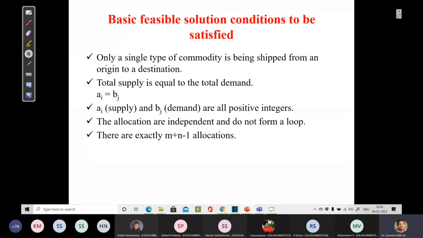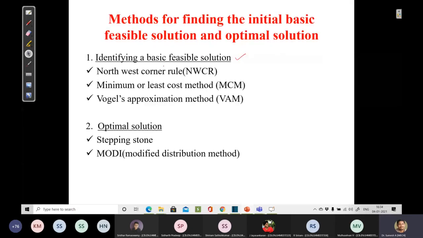First you have to identify the basic feasible solution, and then you have to check whether this basic feasible solution is optimum or not. Or from the further iterations over here, the problem will self-evolve to the optimum one.